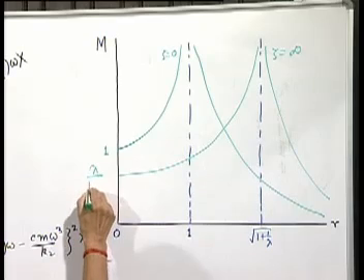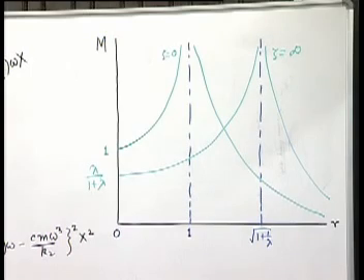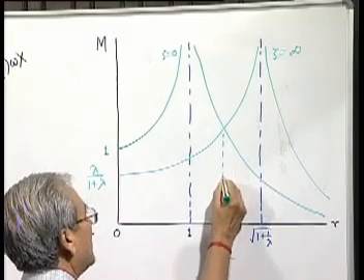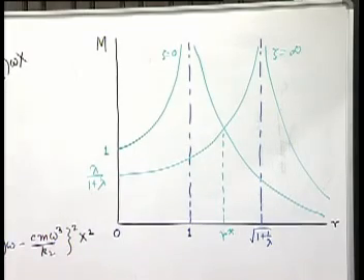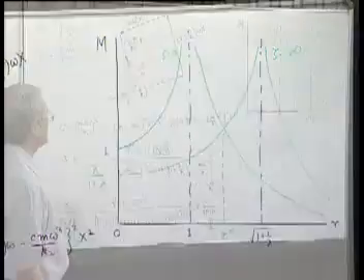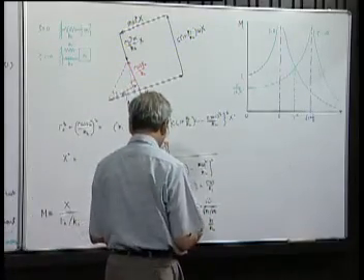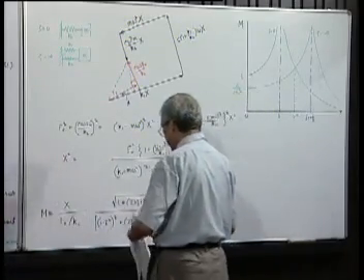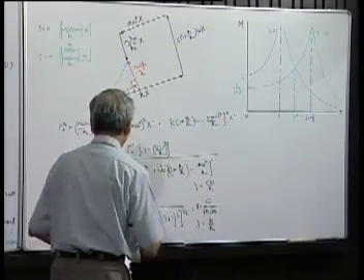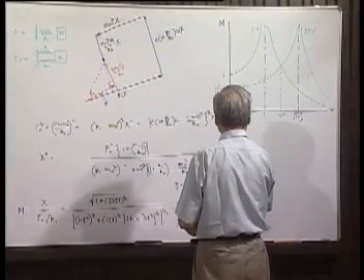Static deflection is this. Now one thing is very clear, that at this particular frequency ratio, the magnification factor is not depending on the damping factor. It can be easily found out what will be the value of this. How do you find it out? The magnification factor when zeta is 0 is given by 1 by this.